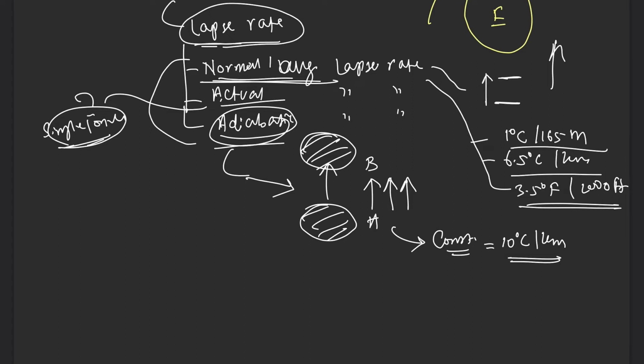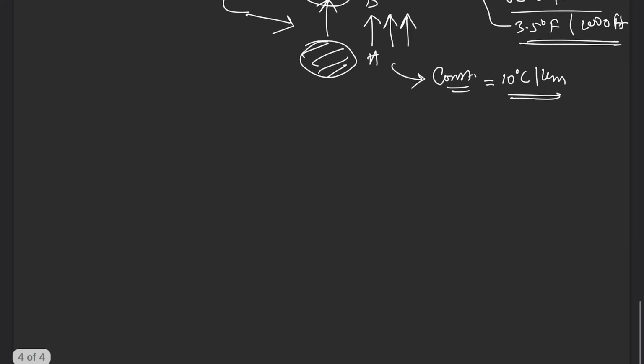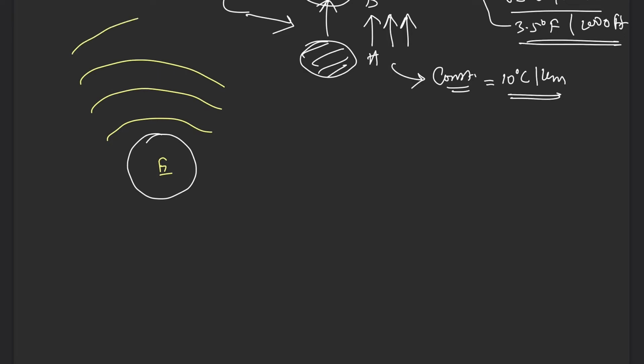So this is how vertical temperature difference happens. Okay, if we look at our atmospheric layers, like this is Earth, then there is troposphere, stratosphere, mesosphere, and thermosphere.